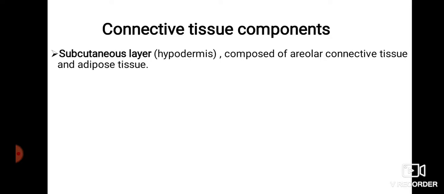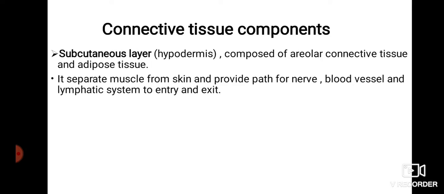That hypodermis is a layer of subcutaneous fat, consisting of areolar connective tissue and adipose tissue. This layer separates the skin from the muscles, and it provides a path for nerves, blood vessels and the lymphatic system to enter and exit the muscles.